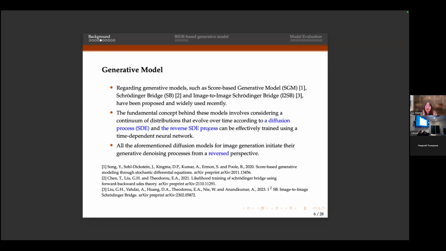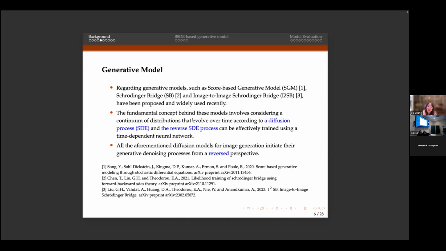But we notice that the key idea behind these models is to treat the image generation process as a continuous evolution of a probability distribution over time. We also assume that this evolution follows a stochastic process because we add noise, maybe a Gaussian distribution, step by step. So we notice that the core task of these models is to find an effective method for transforming one probability distribution to another.